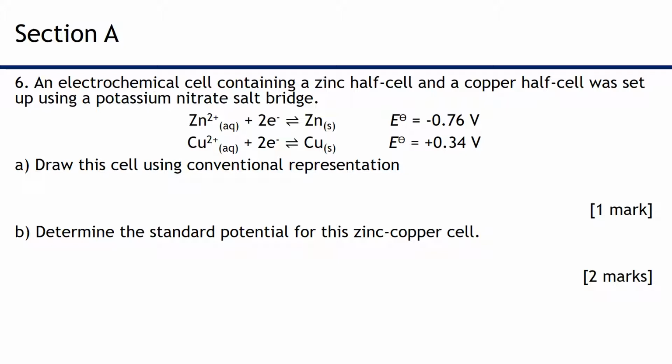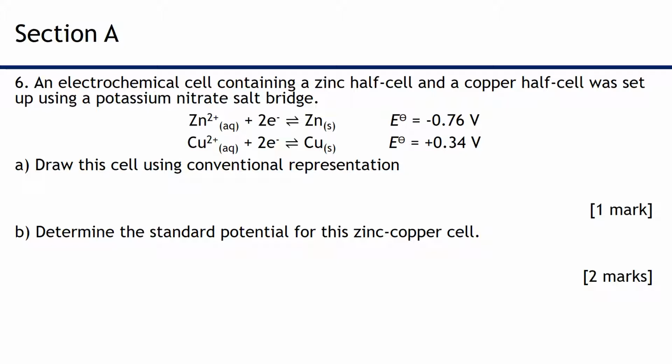And to decide which one goes on the left and which one goes on the right, you want to look for the one that has the more negative cell potential. So in this case it's zinc. So this tells you that zinc is going to be the anode, and it's where the oxidation is going to occur. So zinc is going to go from being solid to being cations, whereas at the cathode, copper is going to be reduced from copper 2+ to copper metal.